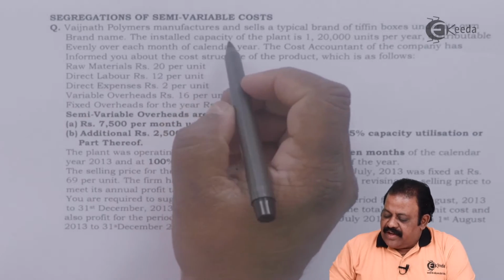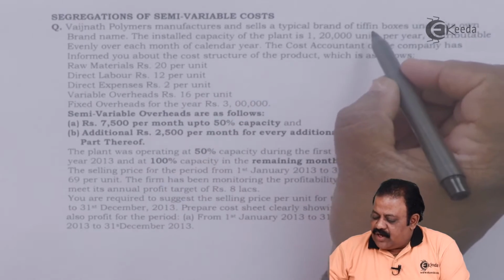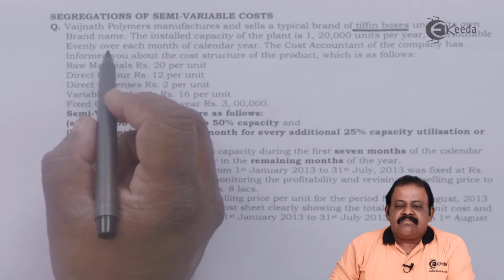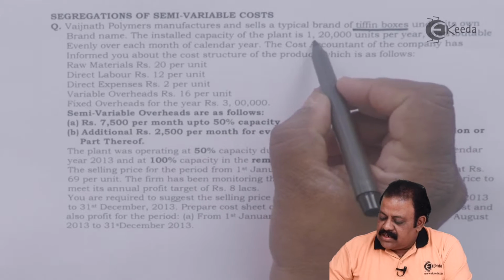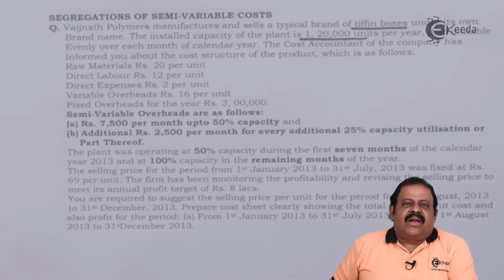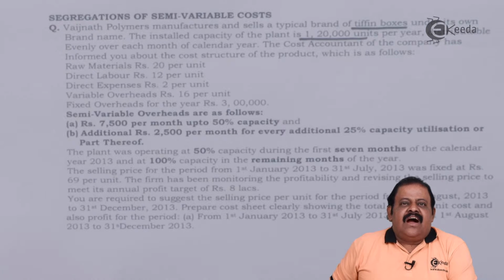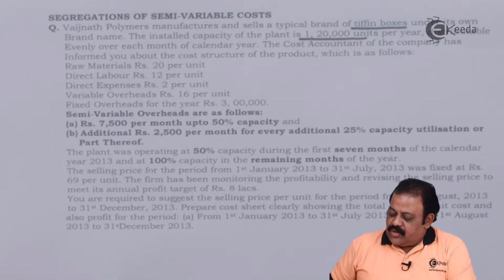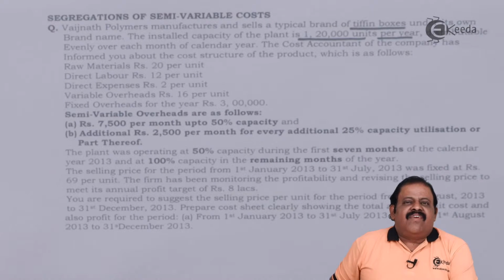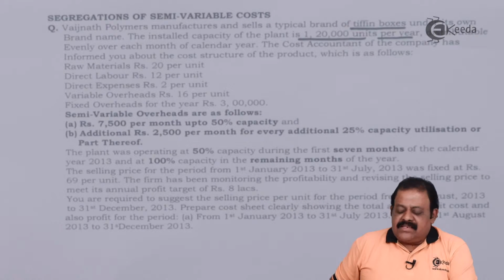Vaidyanath Polymers manufactures and sells a typical brand of tiffin boxes under its own brand name. The installed capacity of the plant is 1,20,000 units. That means 100% capacity is 1,20,000 units, given per year. So we can find out monthly capacity.